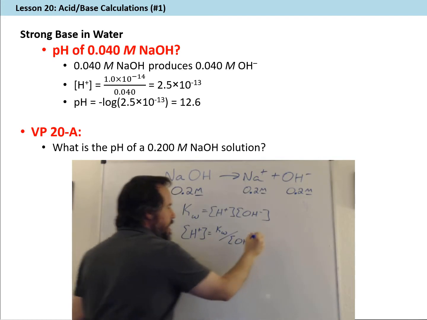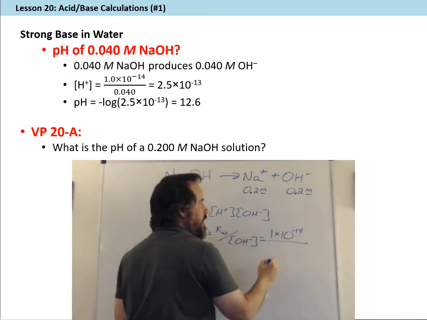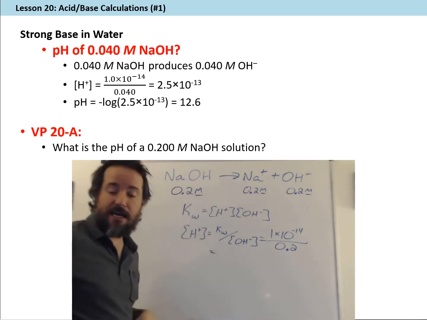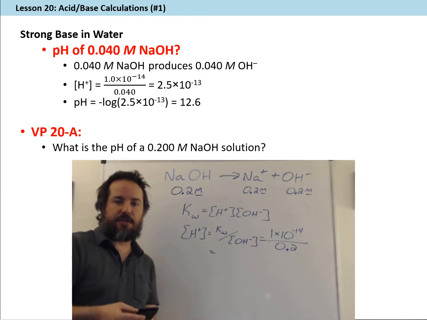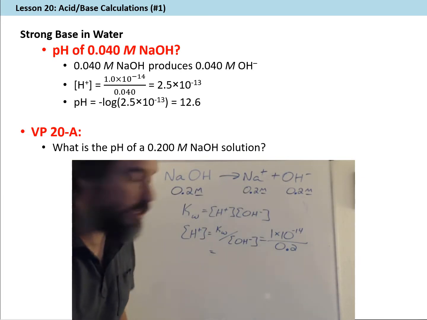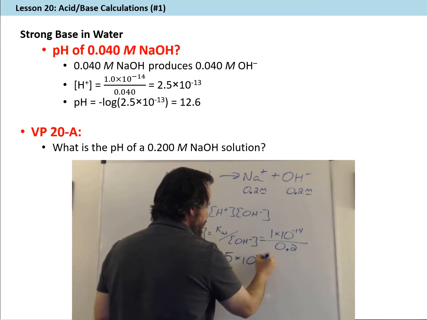So that's 1 times 10 to the minus 14, that's the value for Kw, over 0.2 molar. This is going to get me my H+. That's going to be 5 times 10 to the minus 14.